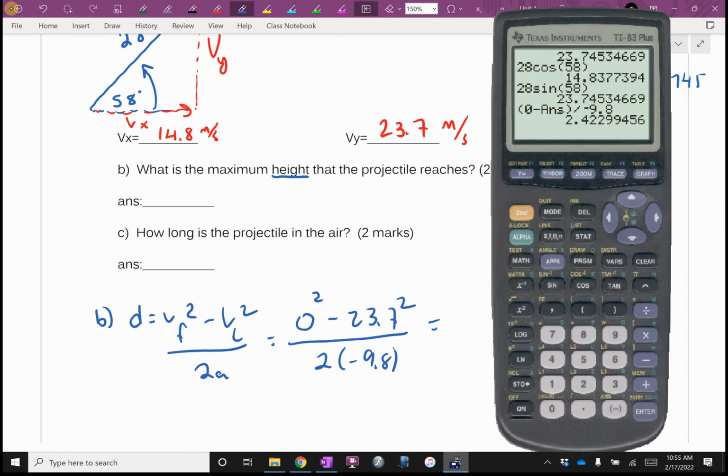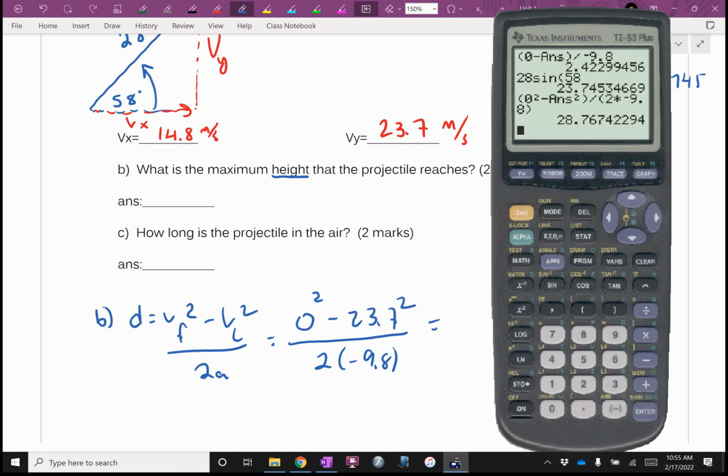Let's bring that back. What did I have? 28 sine 58. So I got that stored back on my calculator. It's going to be 0 squared minus answer button squared divided by 2 times negative 9.8. You had a maximum height of 28.8. I'd take 28.7 as well, or 28.9.